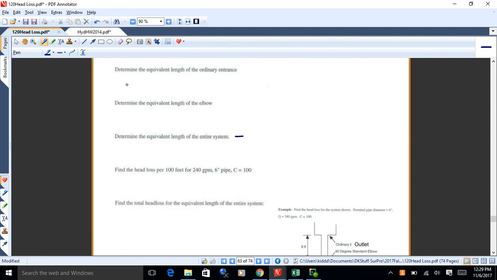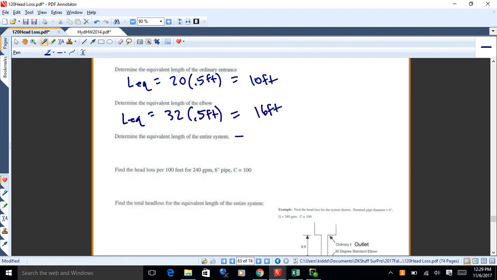So this is 20 times 0.5 feet, which is 10 feet. And this one is 32 times 0.5 feet, and that's 16 feet.